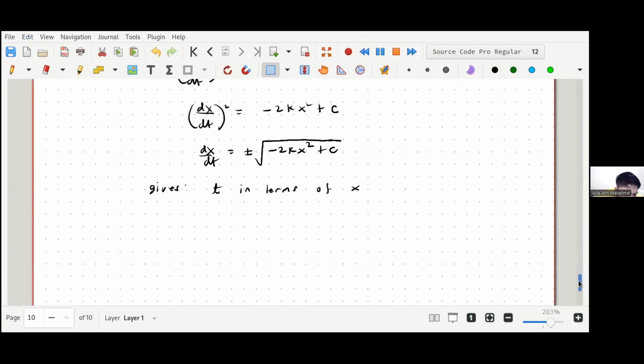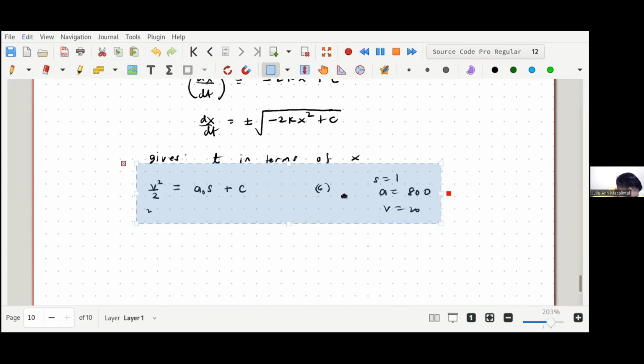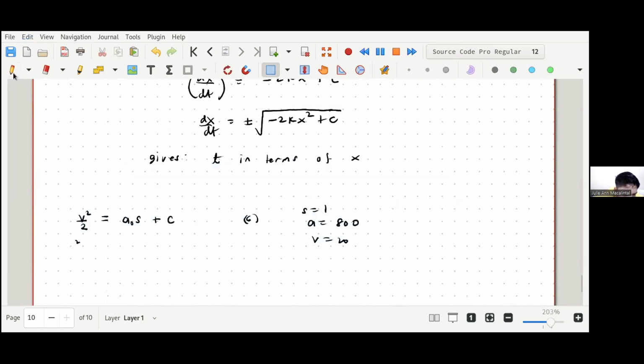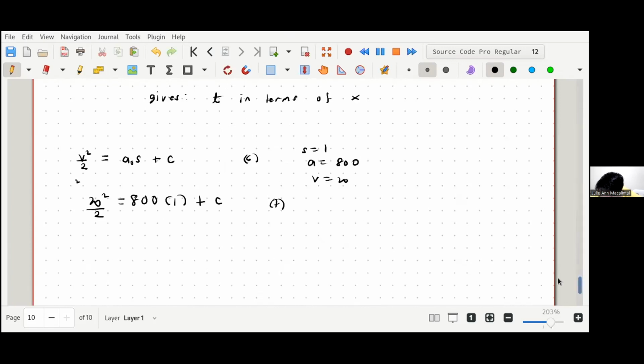So to solve number 29, integrate twice and then substitute. So we know na A is equal to 800, S is equal to 1, plus a constant equals 20 square over 2. And then we're going to get 20 squared over 2. So 20 square over 2 minus 800, we get C is equal to negative 600.